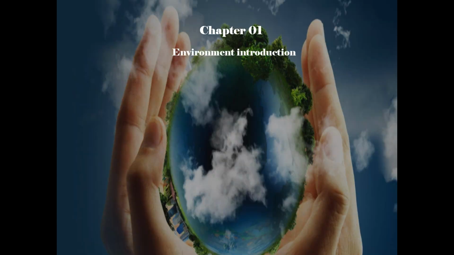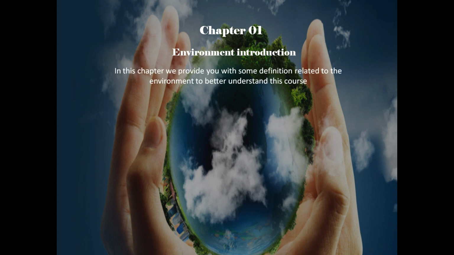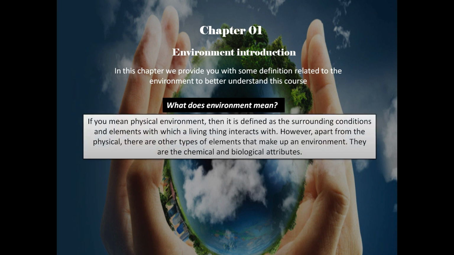Chapter 1, Environment Introduction. In this chapter, we provide you with some definitions related to the environment to better understand this course. What does environment mean? If you mean physical environment, then it is defined as the surrounding conditions and elements with which a living thing interacts.